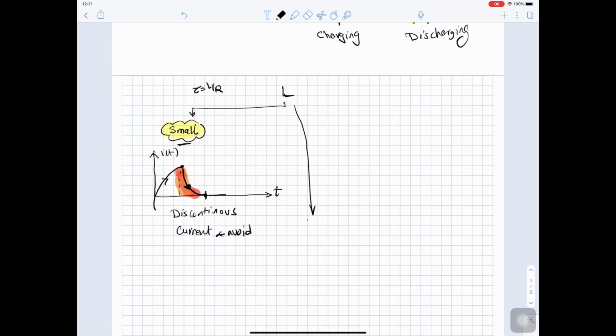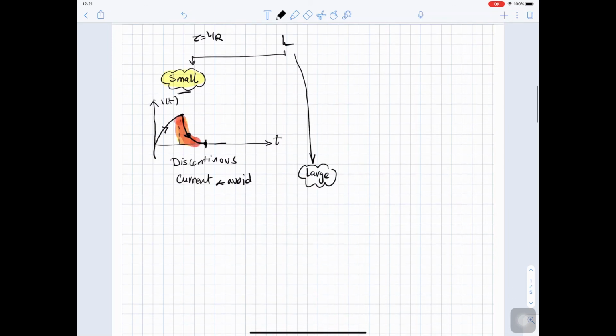Now, if we have large L, if the inductance is large, in this case, when the inductor is discharging, it will not reach zero before going to charge again and so on. So this is I of t and this is time.